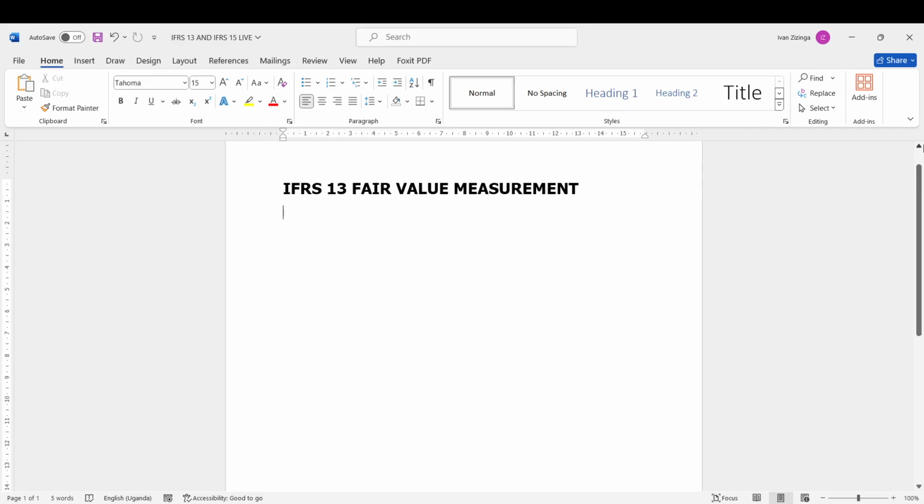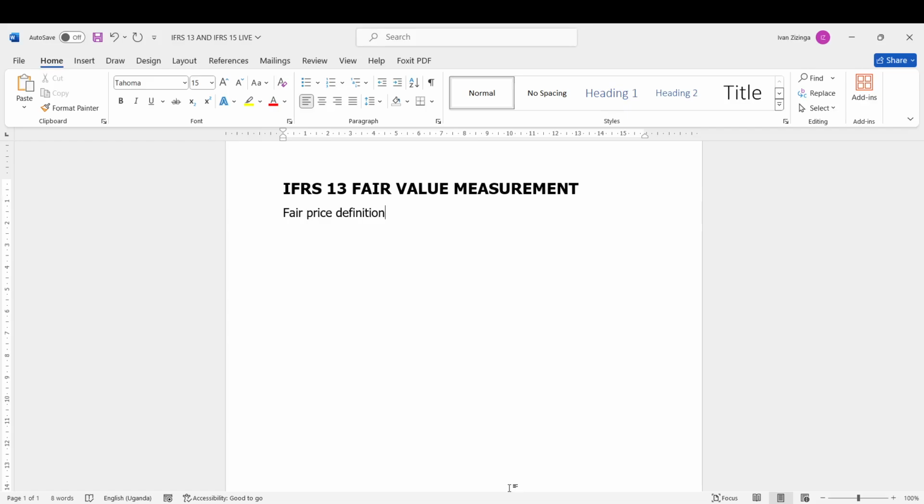One, fair value is the price that one would obtain when they sell an asset or settle a liability in an ordinary course of business. Then also, there are different ways of how we measure fair value depending on the situations on the ground.